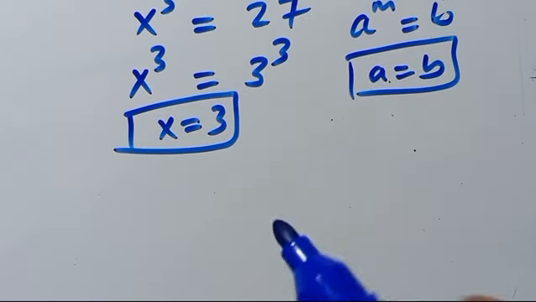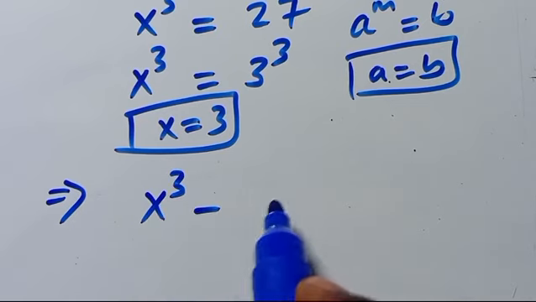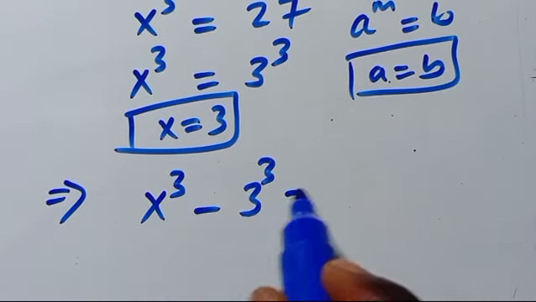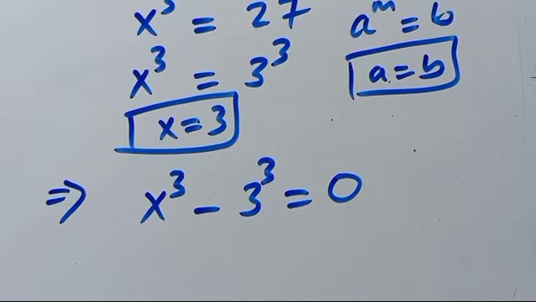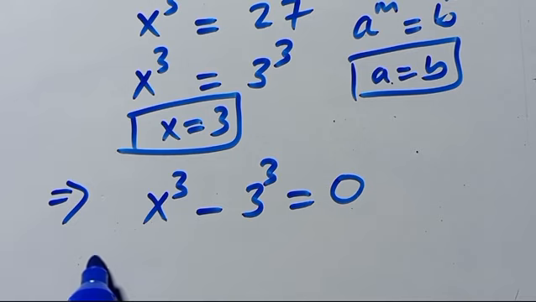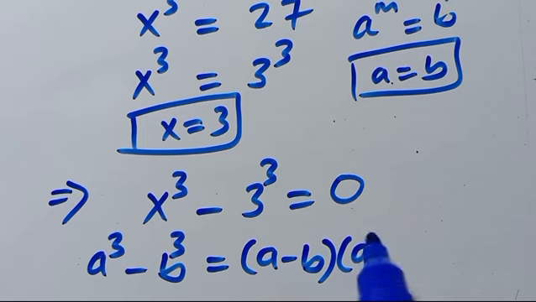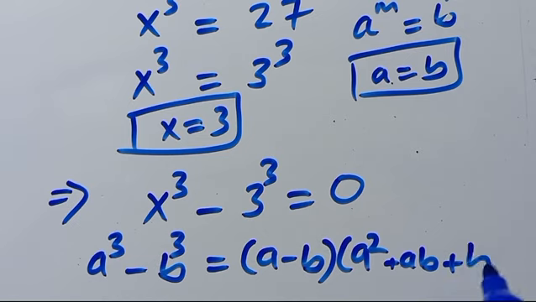So to get the other possible solutions, let's have it as x to the power of 3 minus 3 to the power of 3, and set this side equal to 0. We call this the difference of two cubes. When you have a to the power of 3 minus b to the power of 3, it equals a minus b in parentheses times a squared plus ab plus b squared.